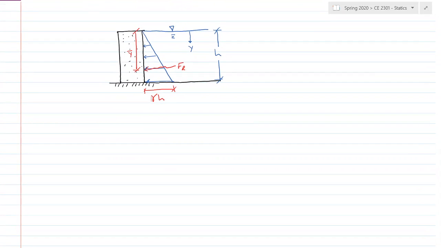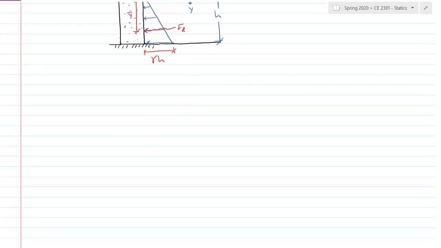So if we look at our first example, getting some numbers on here, given. Gonna put my little dam on here, put some ground on there.